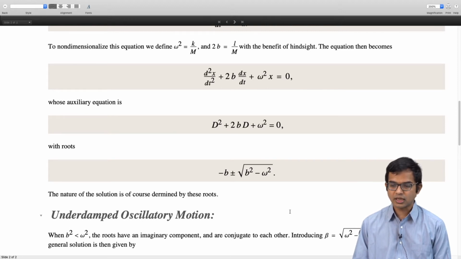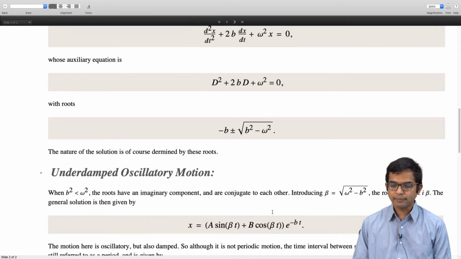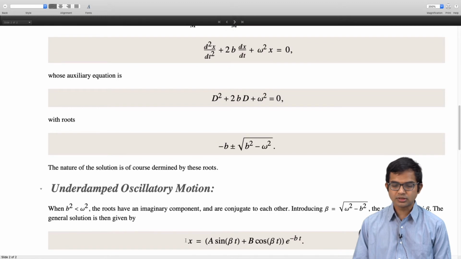And so the solution of the differential equation is simply given by a sin beta t plus b cos beta t, the whole thing multiplied by e to the minus bt, right? We could have written it in a different manner, but here it's transparent to pull out this factor e to the minus bt.